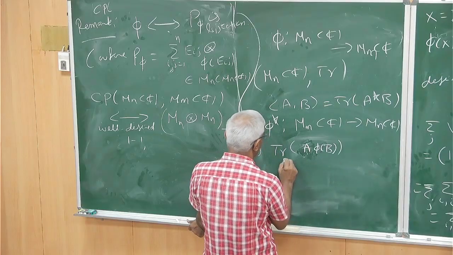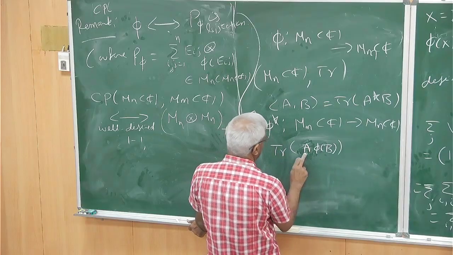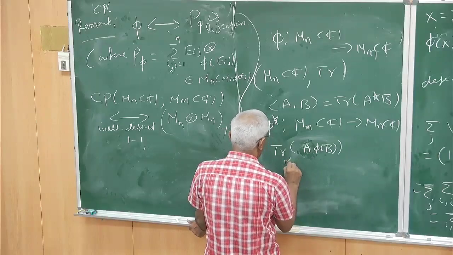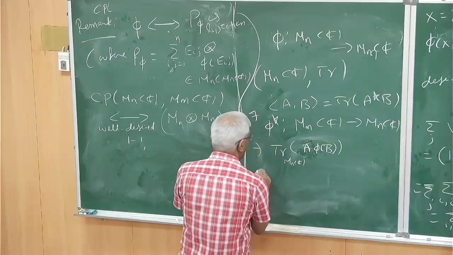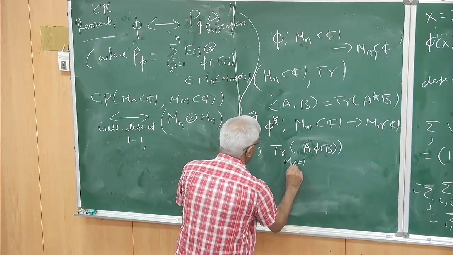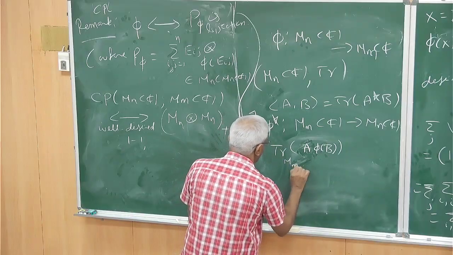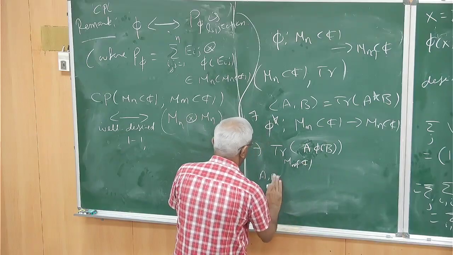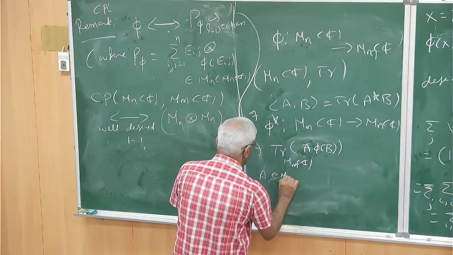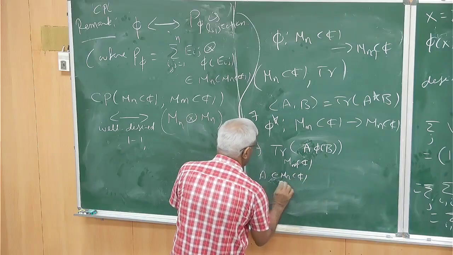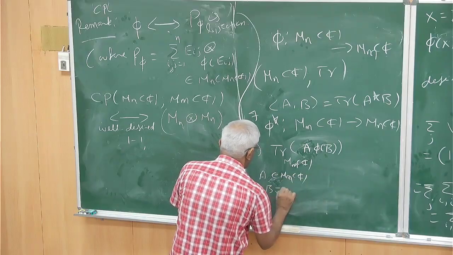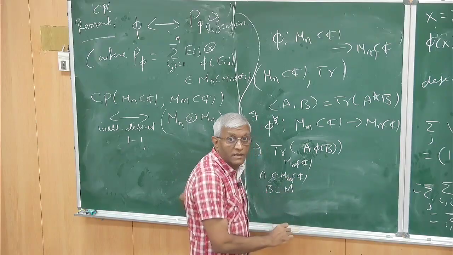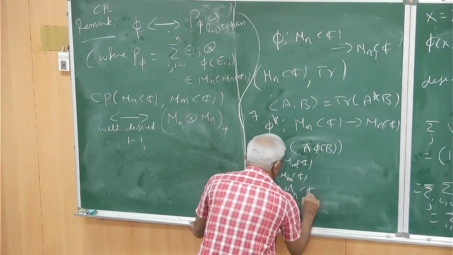Here phi of B will land in M_n(C), with A in M_n(C) and B in M_n(C).